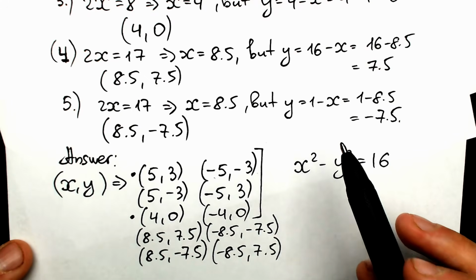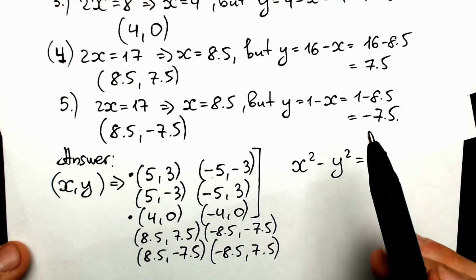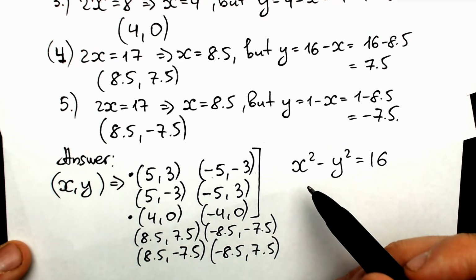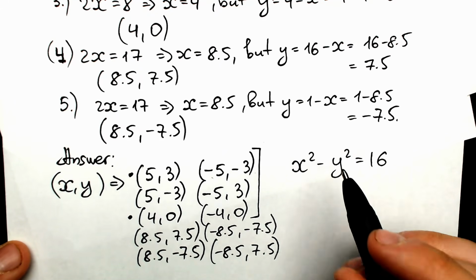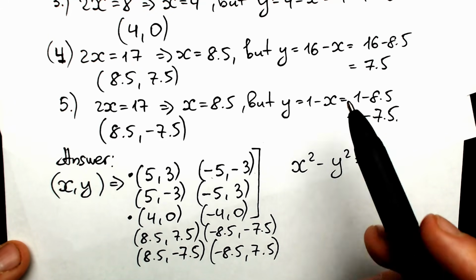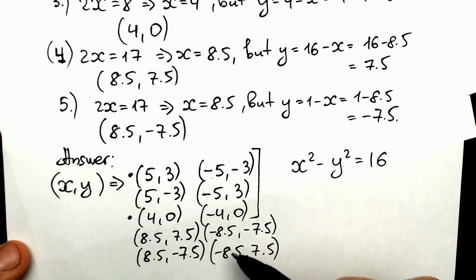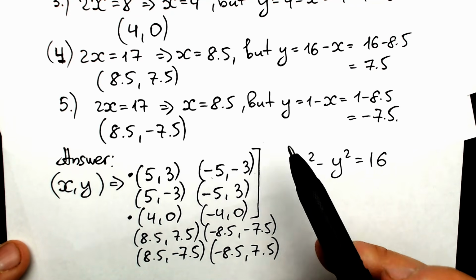I really hope you understand my thoughts about this question, because exactly in this question we need to solve for x and y. We don't know if real numbers or complex. In this case we need to solve this question in general, so we have 10 pairs.